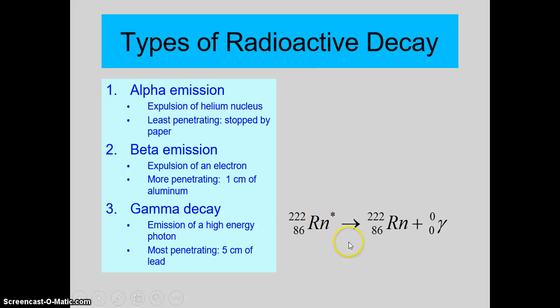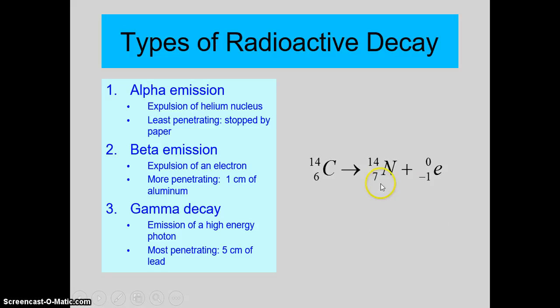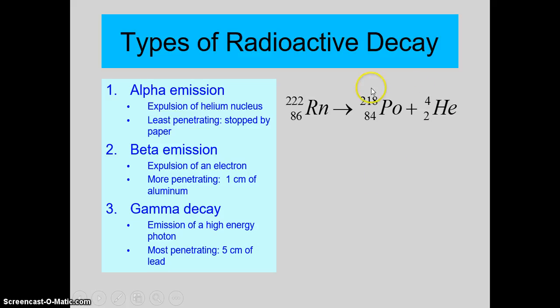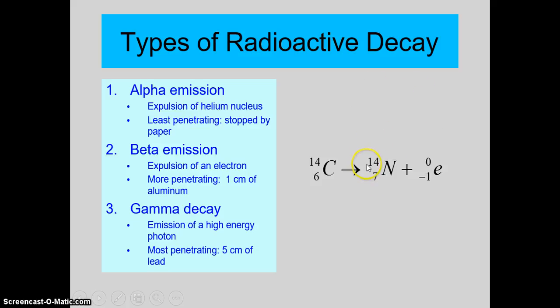That's what that asterisk means, and then it de-excites and it emits some electromagnetic photon, which of course is a gamma ray in this case, and then the nucleus is de-excited and therefore just a plain nucleus. Okay, so those are the three situations, and really it's only the top two that you have to balance.